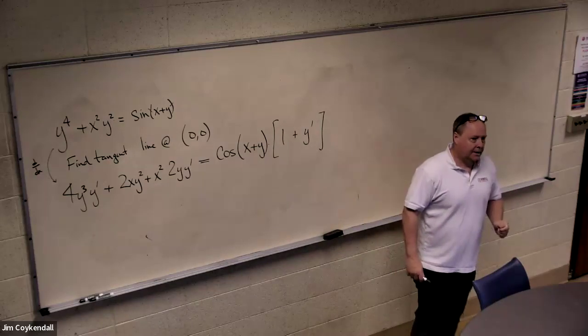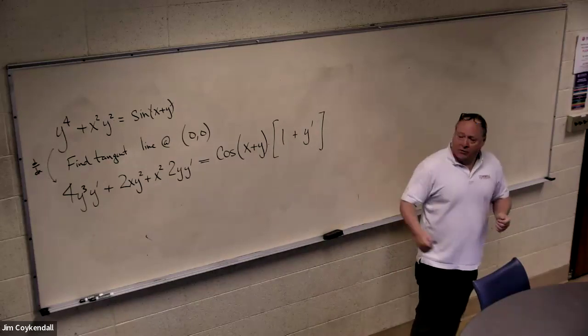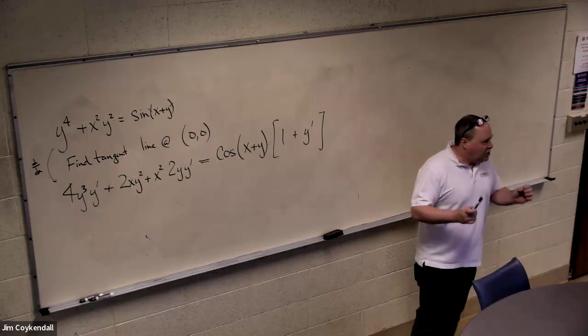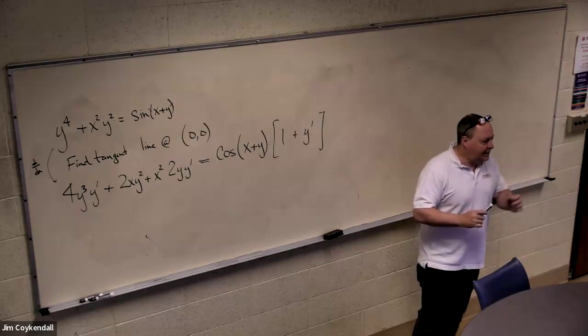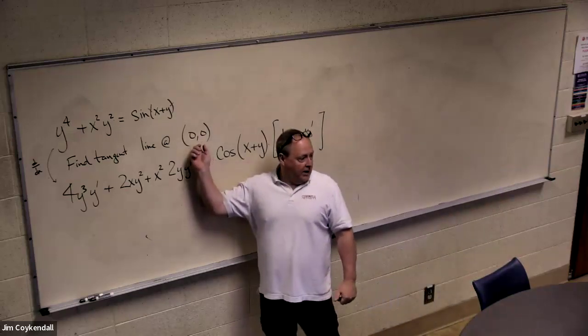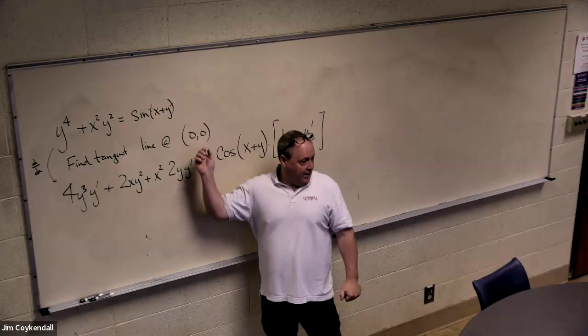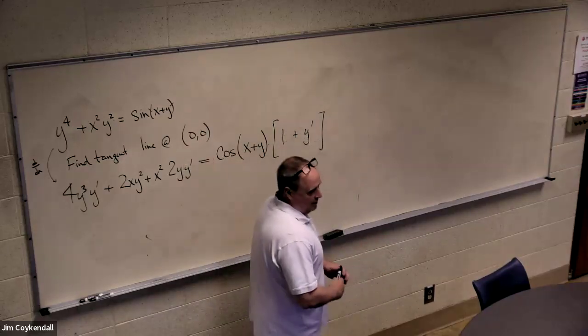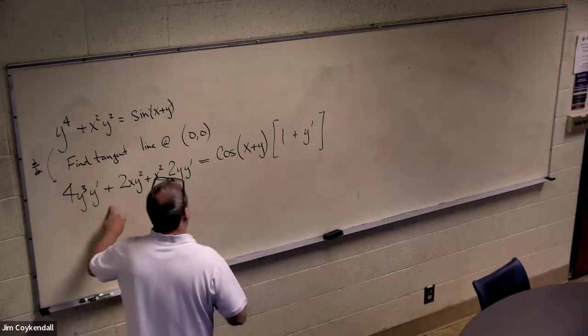But in this case, let me ask you, did I ever ask you what y prime is? Do you really care what y prime is? You only need y prime for one itty bitty piece of information, and that is you only care what y prime is at (0, 0), right? So plug in the (0, 0) first.